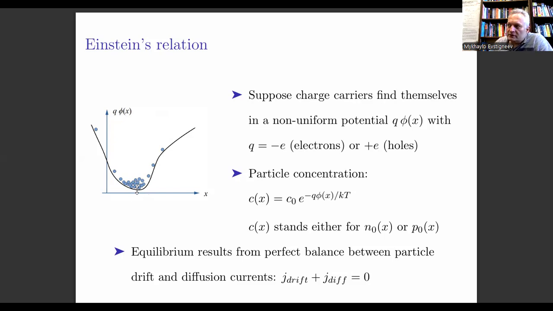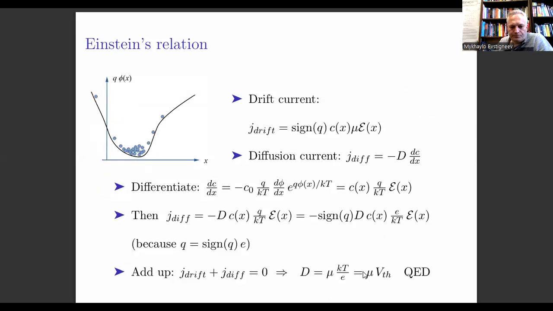So the presence of this electric field results in an onset of the drift current density, and in thermal equilibrium, the two current densities are not zero, but they must perfectly balance each other. So their sum is zero, so that the net particle current density or particle flux is zero in thermal equilibrium. Drift current plus diffusion current is zero.